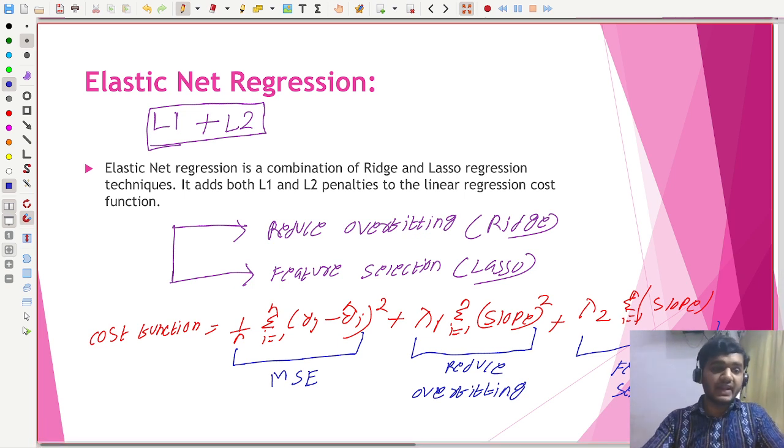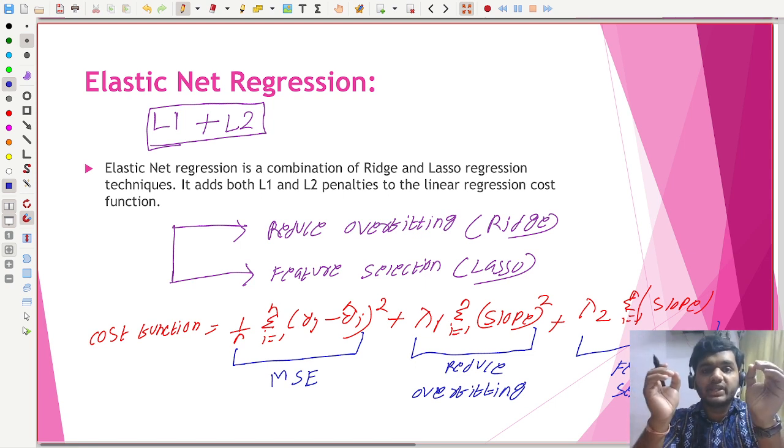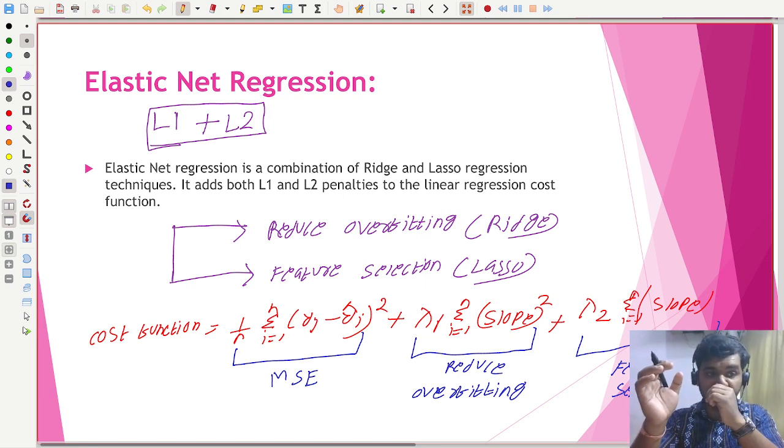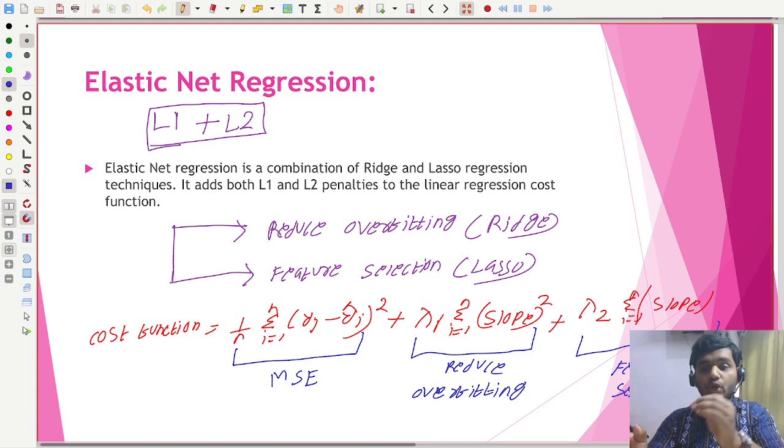So elastic net regression combines the benefits of ridge regression, that is reducing overfitting and handling multicollinearity also, and lasso regression performs good feature selection. Okay, making it more flexible and robust, especially when dealing with datasets with high-dimensional features and multicollinearity.